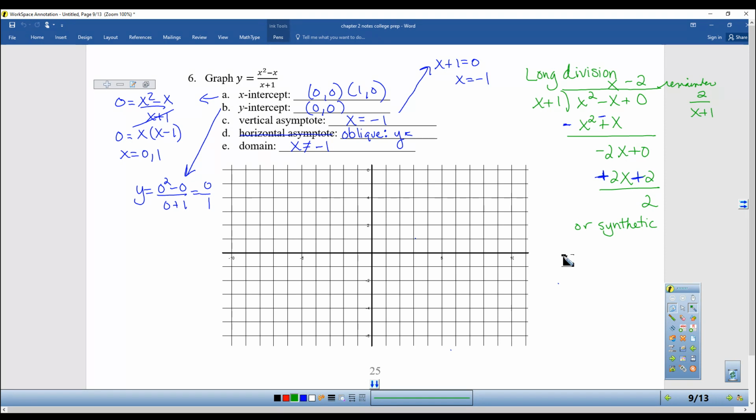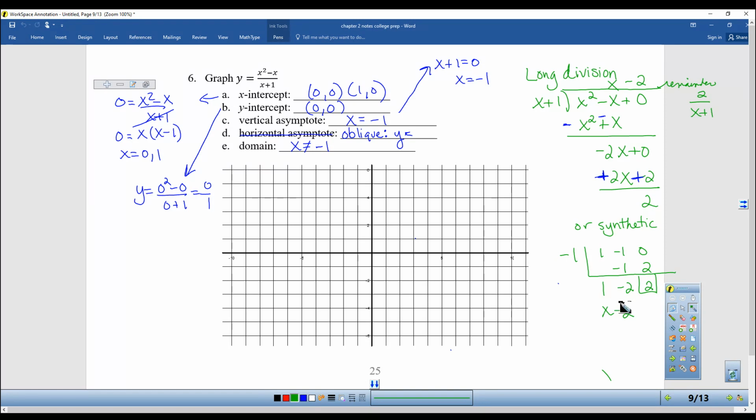So if you'd use synthetic, you'd have to remember to put a negative 1 in the box. And you'd still have to remember this 0 here. That would give you add, multiply, add, multiply. That would be your remainder. And this would become x minus 2, which is what we got. So whichever way makes the most sense to you.